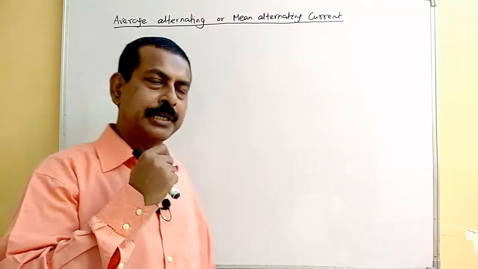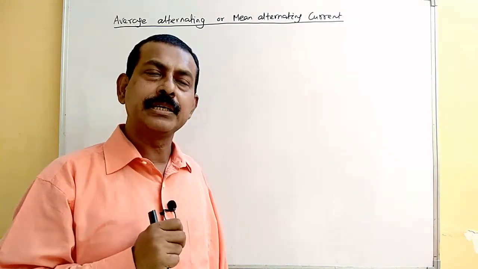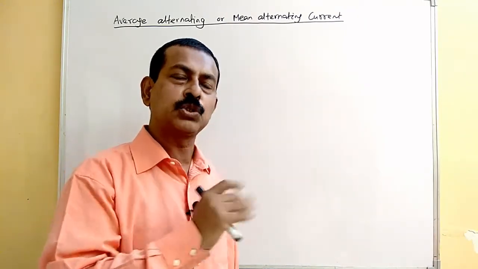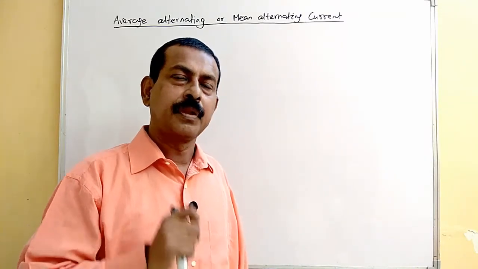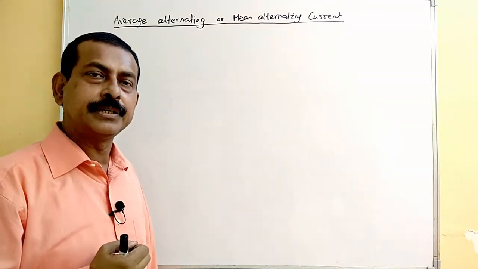Two terms we define in this alternating current. One is the average alternating current and another is the root mean square alternating current. So first let's take average alternating current or mean alternating current.